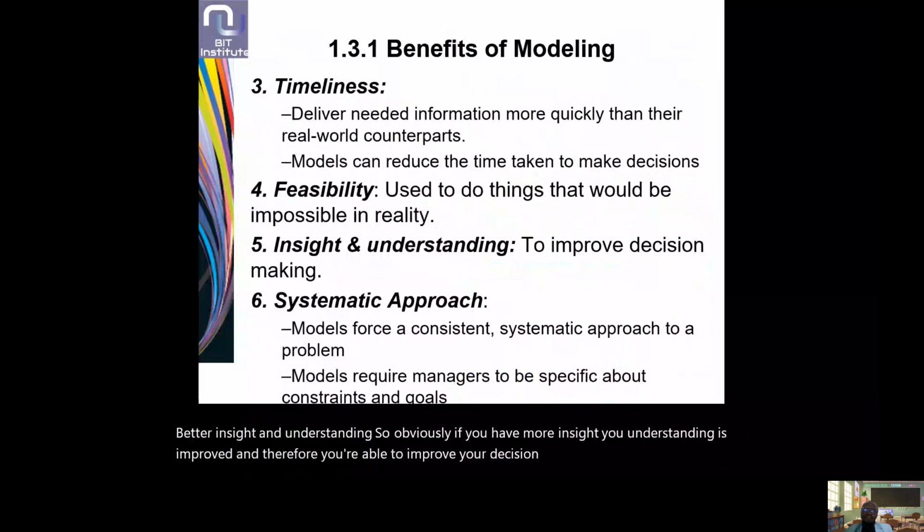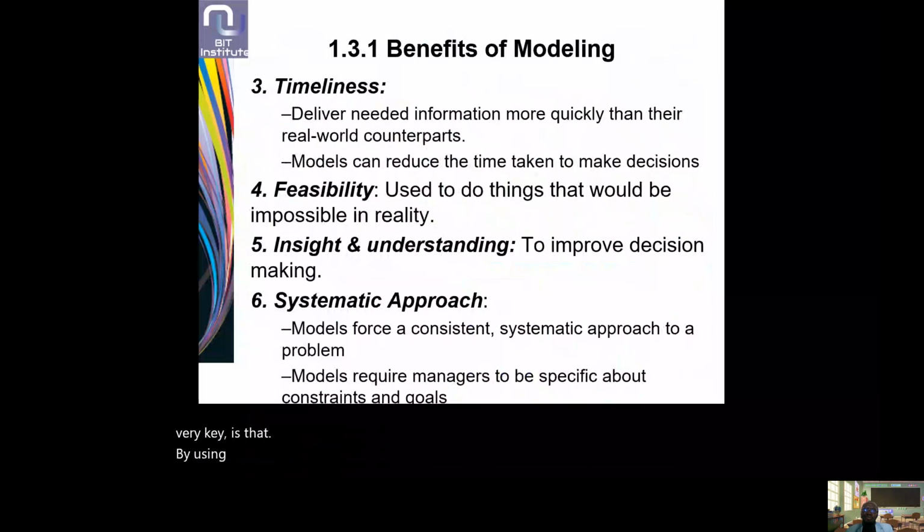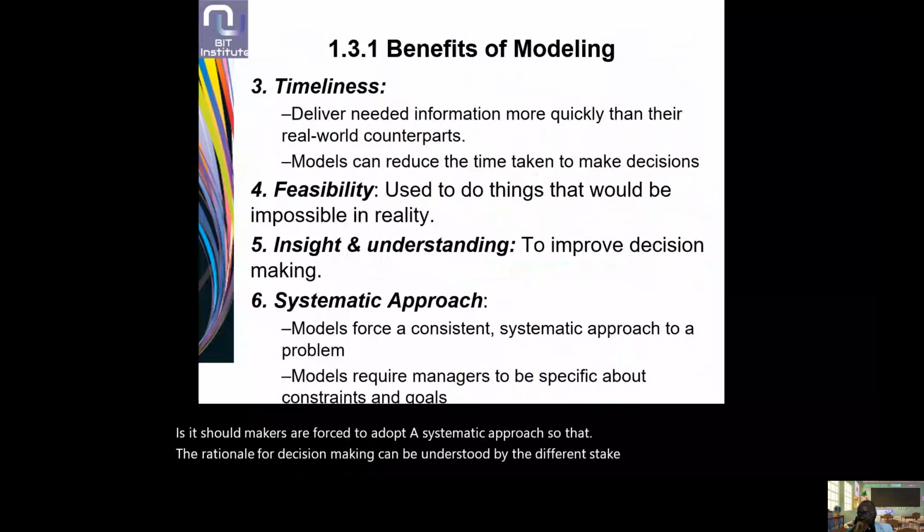And I think lastly, which is very key, is that by using modeling, decision makers are forced to adopt a systematic approach so that their rationale for decision making can be understood by the different stakeholders that they are interacting with.